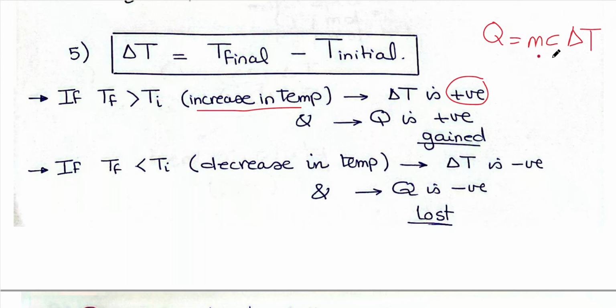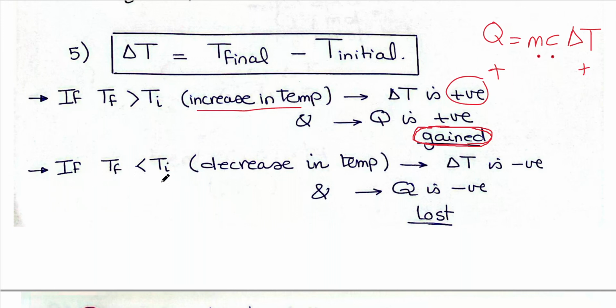The C, the specific heat constant, is always positive. So if the sign of delta T is positive, Q is positive, which means that this heat energy is gained by the body. So if the body gains heat energy, it will increase in temperature.